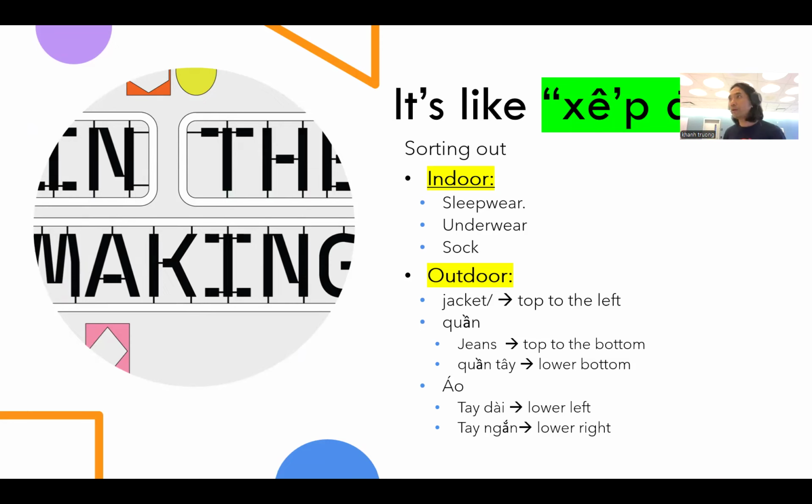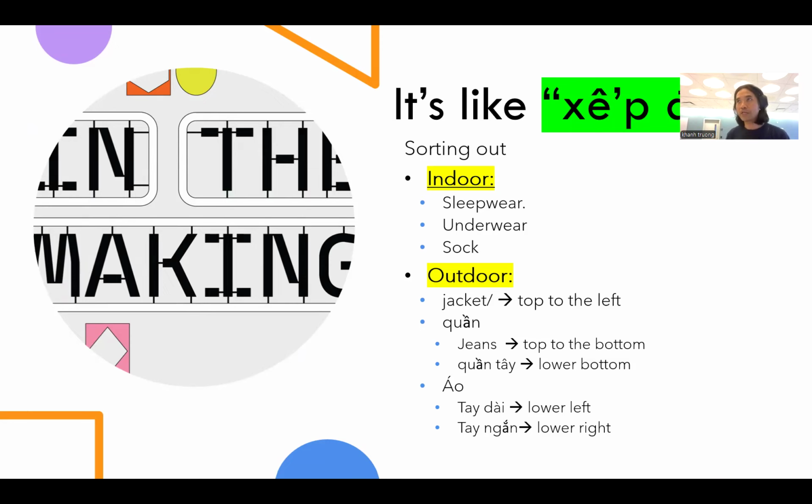Within your top wear, you divide it into t-shirt and shirt. Within t-shirt, you subdivide it into long sleeve or short sleeve.